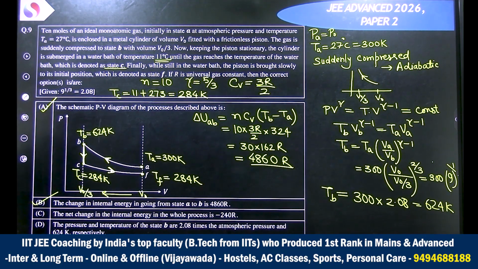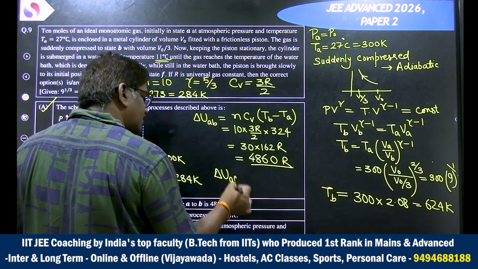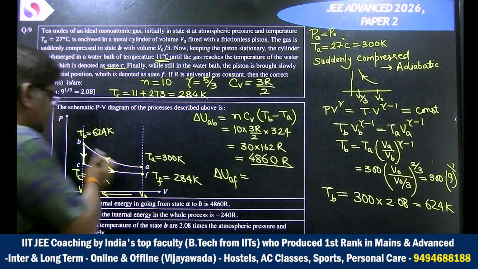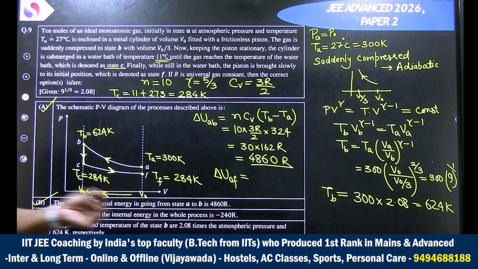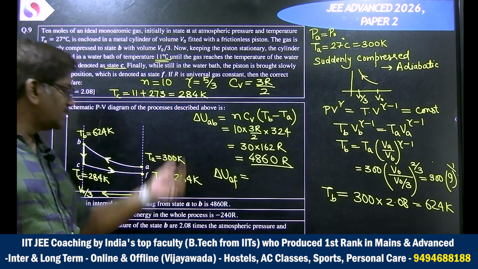All right. Then they are asking for the net change in internal energy for the whole process. Whole process means A to F. This is the advantage, that I don't need to check each process, because you know that internal energy is a state function. So directly you can deal with the initial and final.